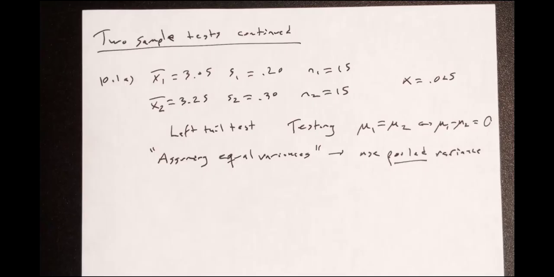I need a null hypothesis and an alternate hypothesis. The choice of my hypothesis depends on the type of test. Doing a left tail test, what's the null?